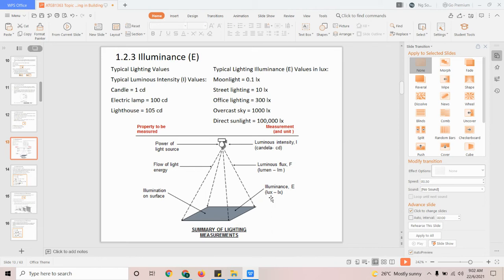So in Malaysia we are not really big enough, meaning we are not diverse enough to actually have a lighting consultant.